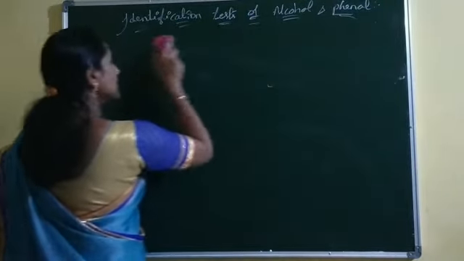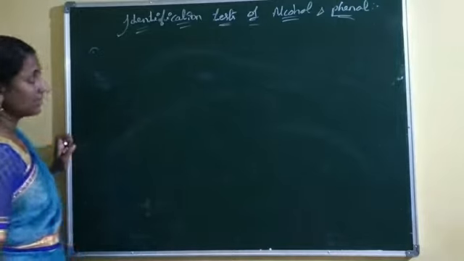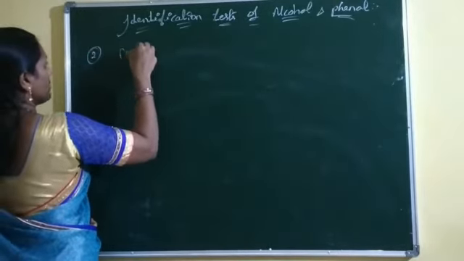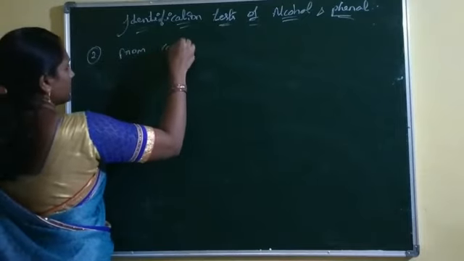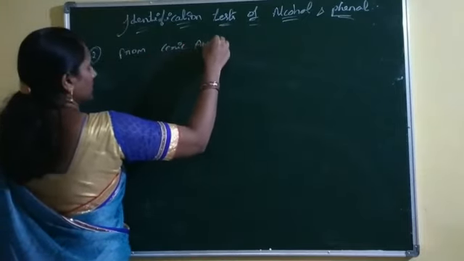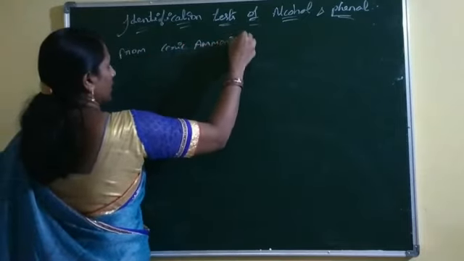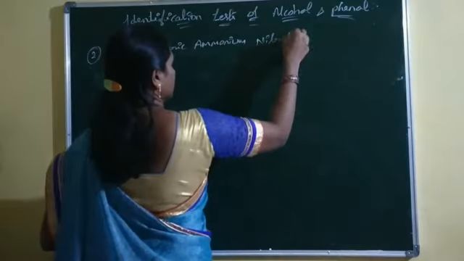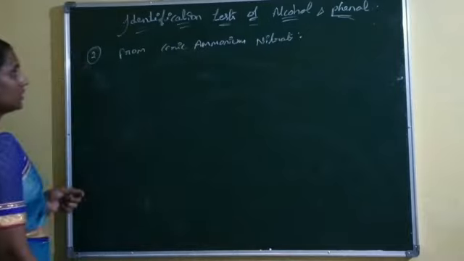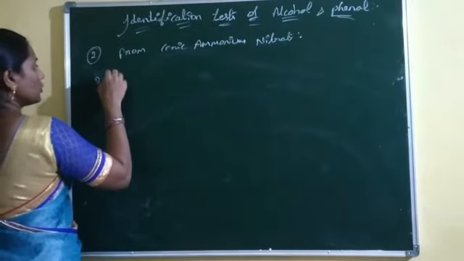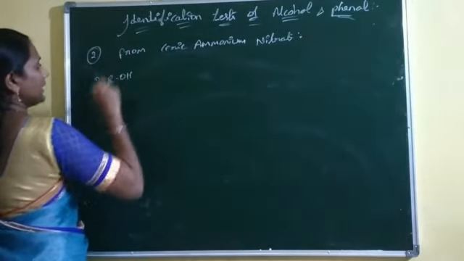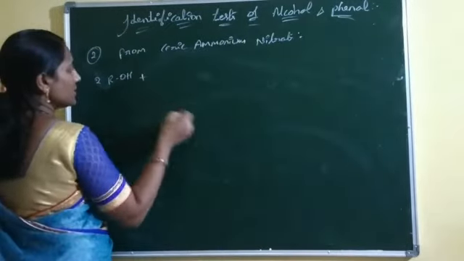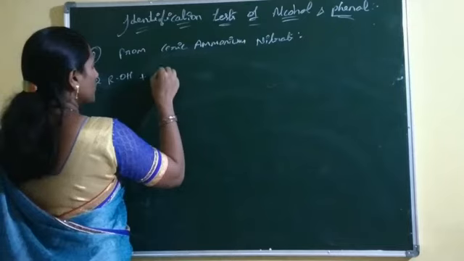Now let us discuss the second identification test. The second identification test is from ceric ammonium nitrate. In this one, you take 2 moles of any alcoholic compound and treat it with ceric ammonium nitrate.